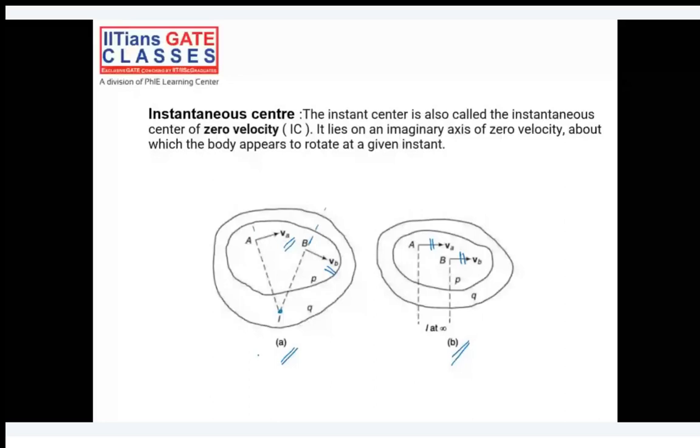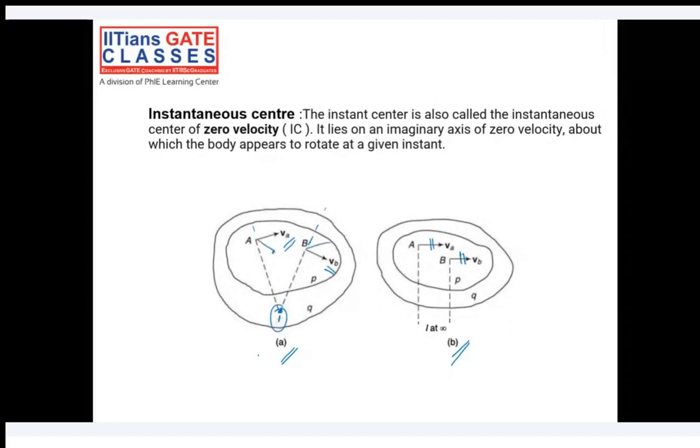So at this particular instant, let's say the instantaneous center is at this location I. At some different instant, if I change the directions, ultimately their perpendiculars will change and their instantaneous center of rotation will also change.